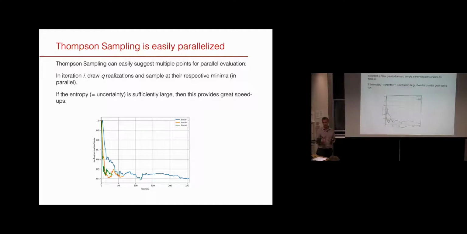So when you parallelize KG, for example, you have to solve a 100-dimensional problem as a subroutine, which becomes very hard. This does not become hard. So for this reason, batch Thompson sampling is computationally very cheap, and it turns out in practice to be very powerful and very efficient. Okay?